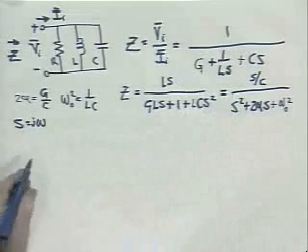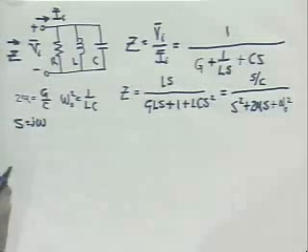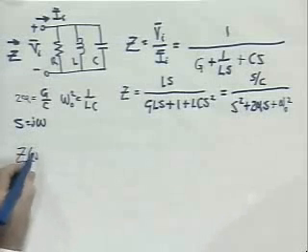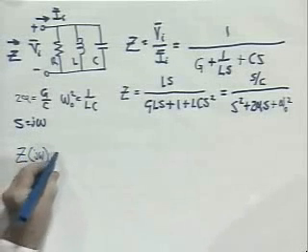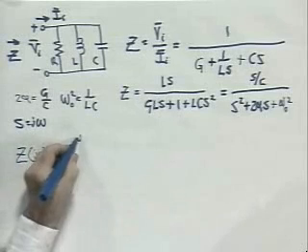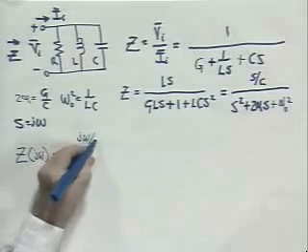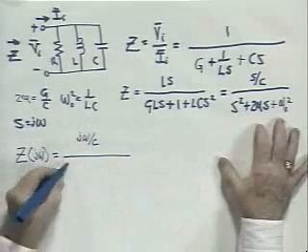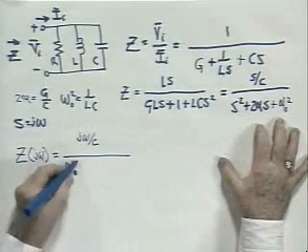If I substitute for j omega in this equation, we get Z of j omega equals j omega over C divided by, well, there's an omega naught squared for the real part.